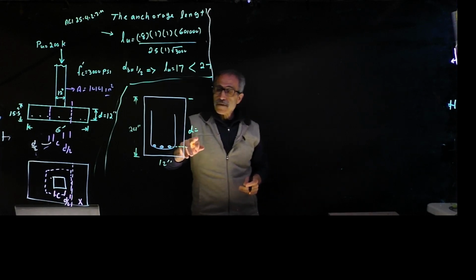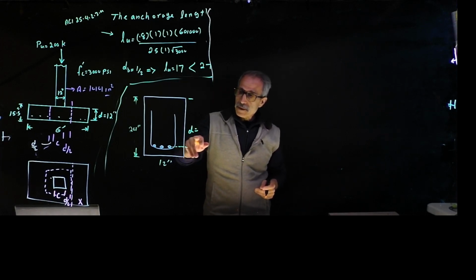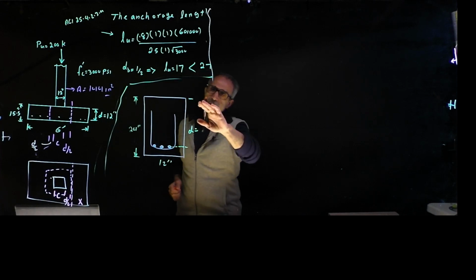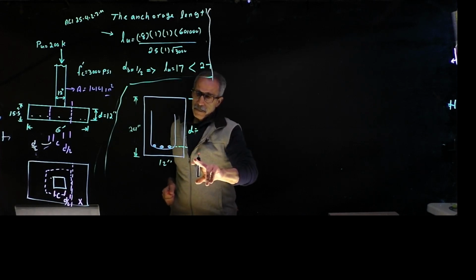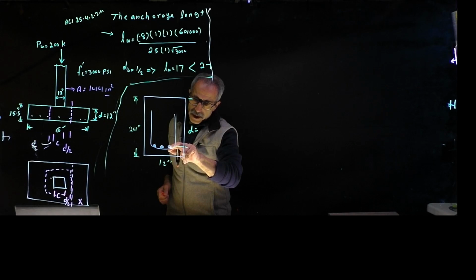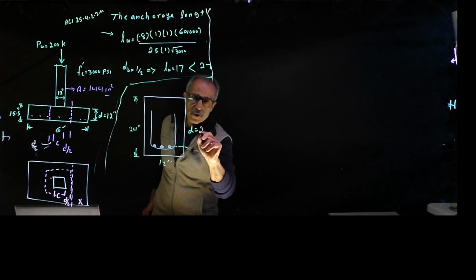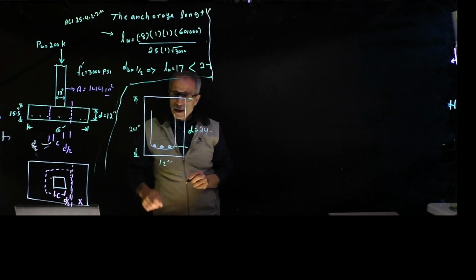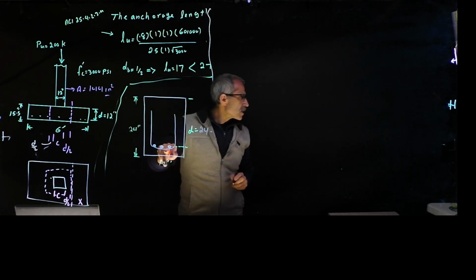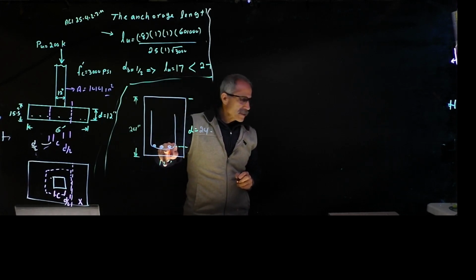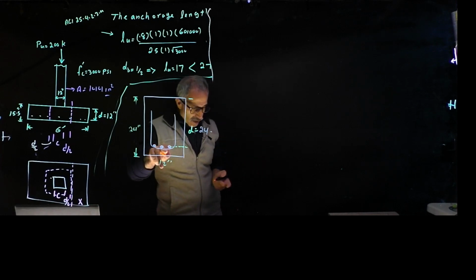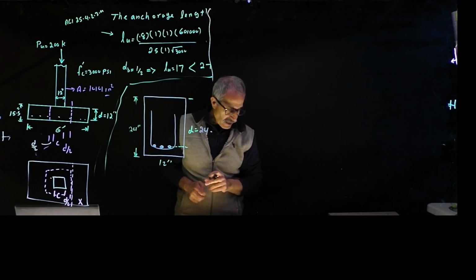The first thing I have to figure out is the effective depth. The effective depth is from the center of this rebar all the way to here. From here to here, it's 24 inches, so it's 24 inches minus, they said this is a number 4 stirrup, and if you go back to the FE handbook, a number 4 stirrup is 0.5 inch.